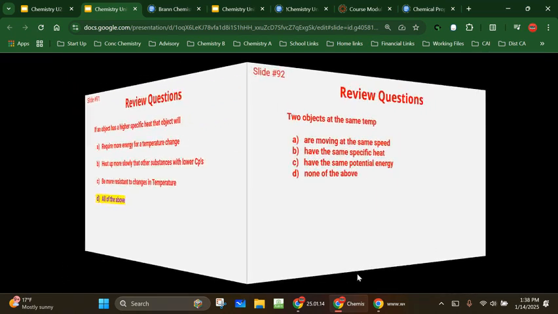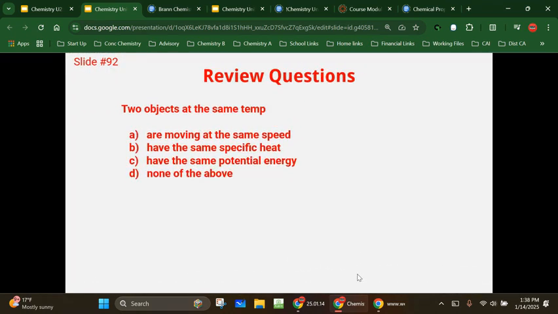A question like this will be, now it will not be a multiple choice, but 2 objects at the same temp are moving at the same speed, have the same specific heat, have the same potential energy. None of the above.